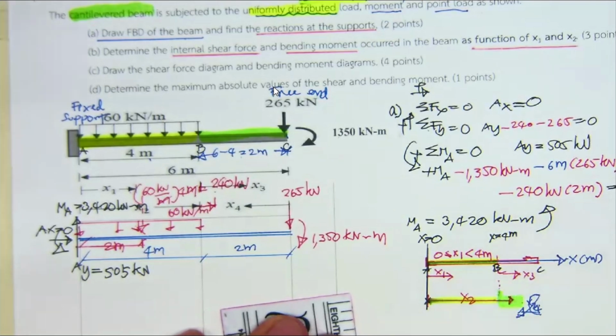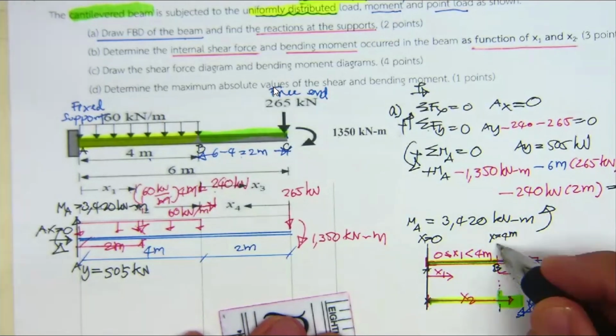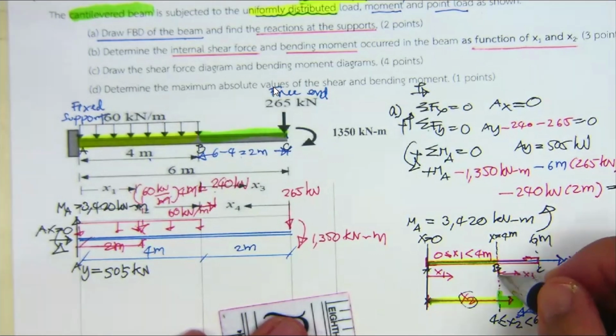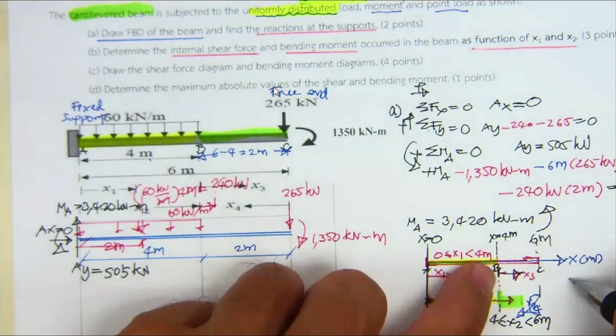And this is 4 meter. 4 less than or equal to x2, x2 less than over here, this is 6 meter. This is going to be for x2. Now, how about x3? x3 starts from here, and from here to here. x3 starts from what?